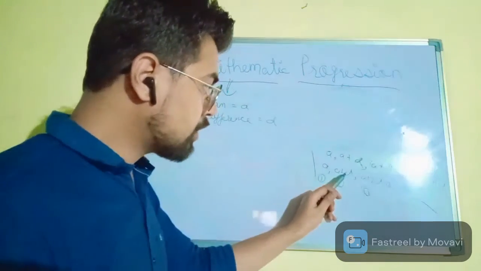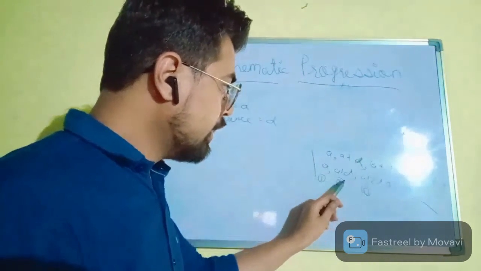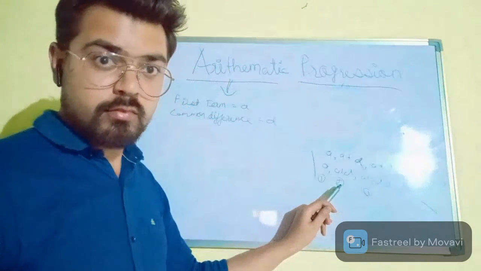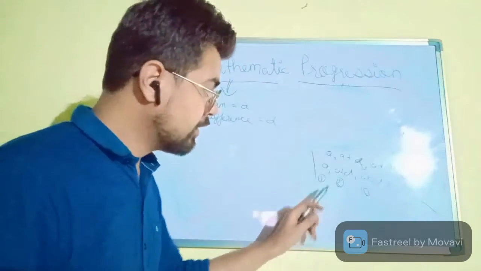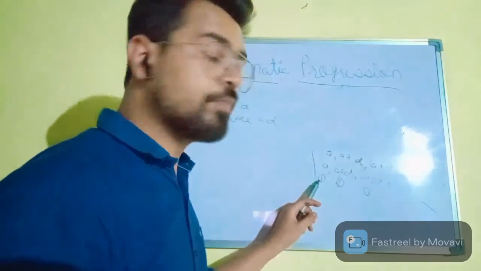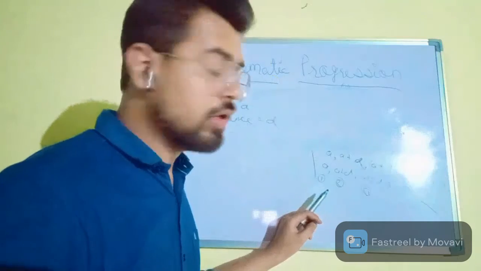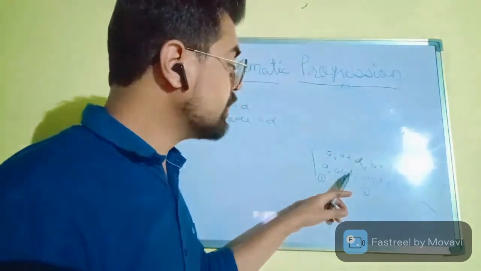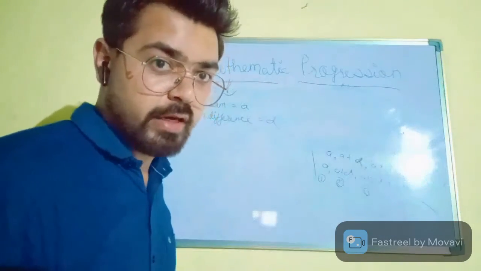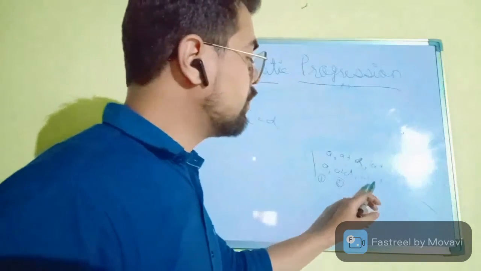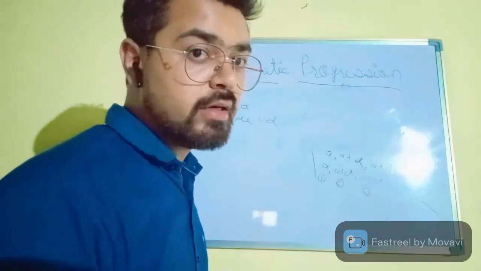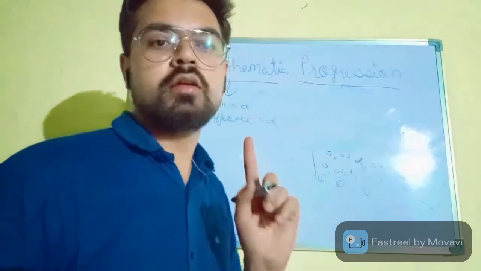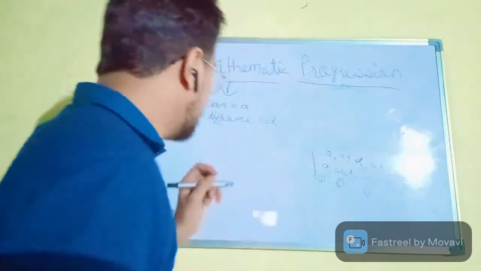Here you see that the coefficient of D is 1 less than the term number. Here it is 1, 1 minus 1 will be 0, so here there is no D. Here the coefficient of D is 1, so 2 minus 1 is 1. Here it is 2, so 3 minus 1 gives 2. So it is always 1 less than the nth value.